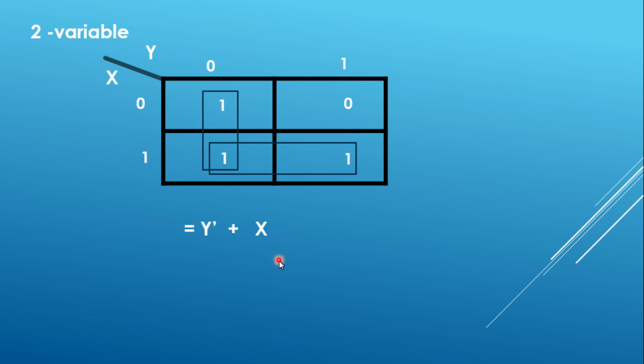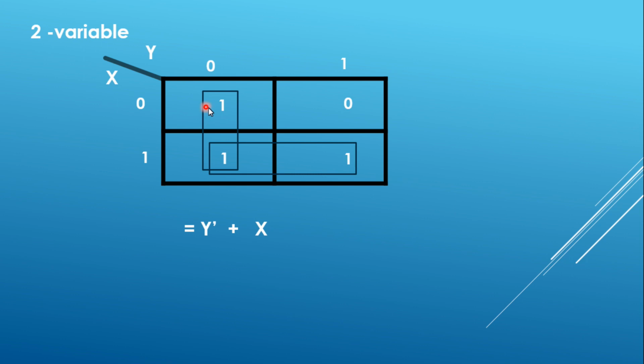Going ahead, in this two variable Karnaugh map, you are seeing two pairs being formed. From the first pair, what is coming out is the constant variable y as 0. Since y is 0, we will be writing y bar. X is changing from 0 to 1, so x will be removed.